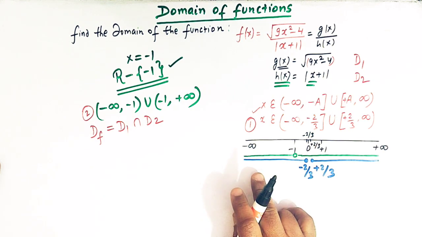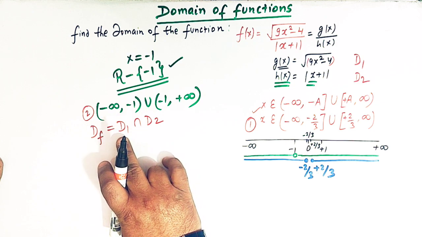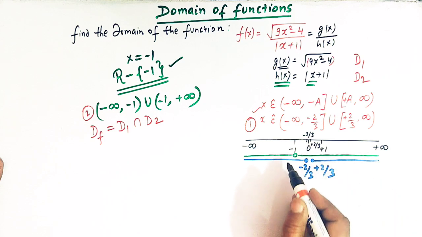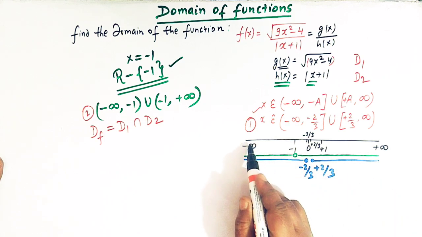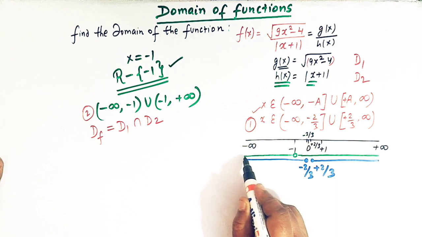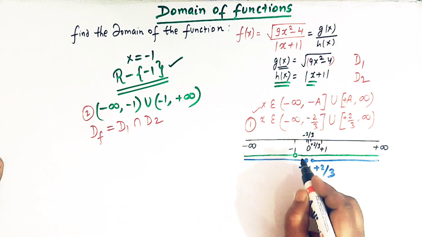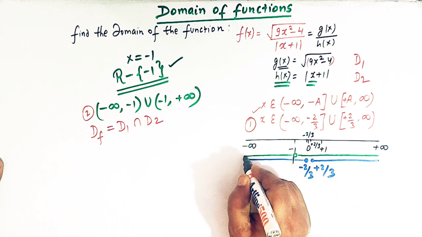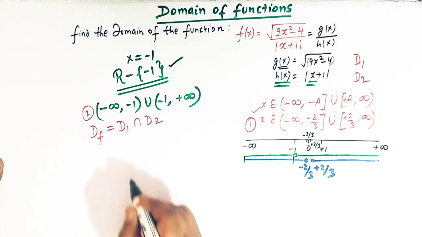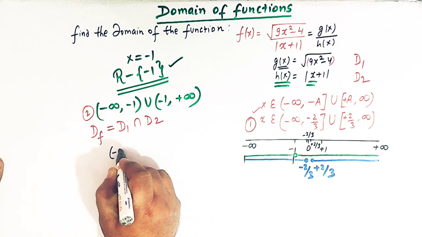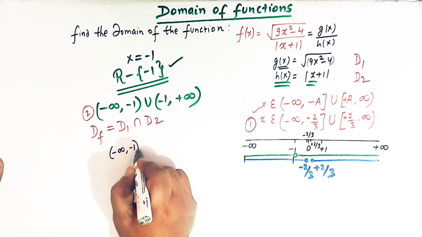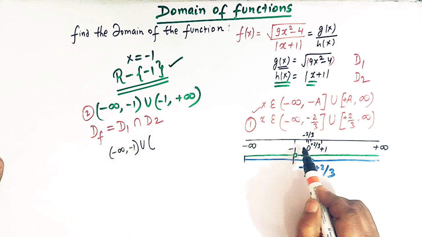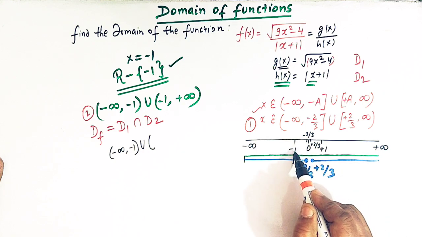So let us identify the intersection of D1 and D2 from this diagram, right? First we'll go from minus infinity to minus 1, because this region is common to both the domains. So first we'll write minus infinity to minus 1, and then the region from minus 1.